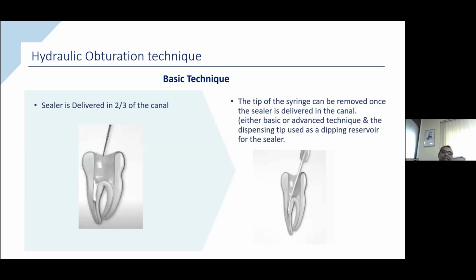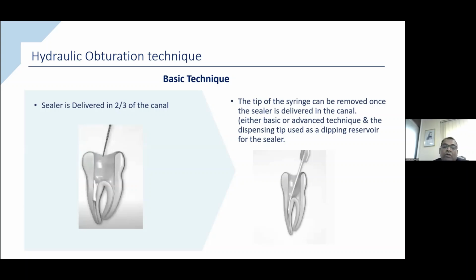Now, what exactly is the hydraulic obturation technique? There is a basic technique and an advanced technique. The sealer is delivered in 2/3 of the canal. The tip of the syringe can be removed once the sealer is delivered in the canal, both in basic and advanced, and the dispensing tip is used as a dipper, that is a reservoir for the sealer.